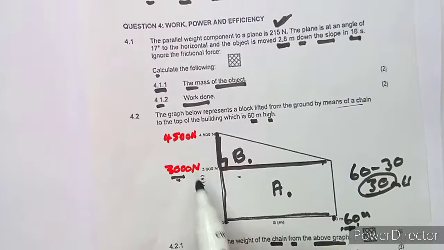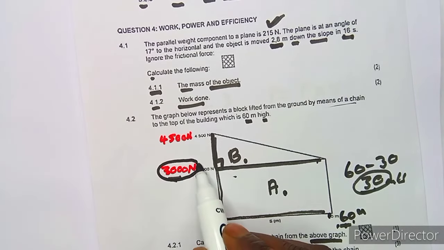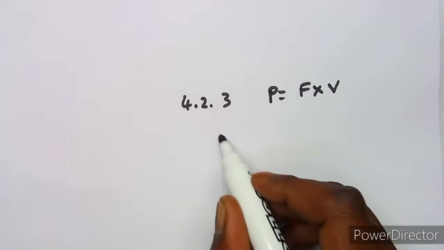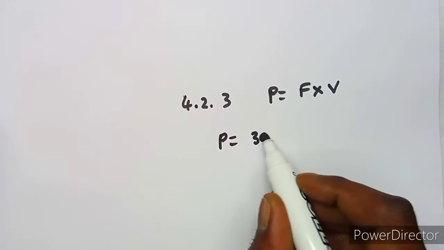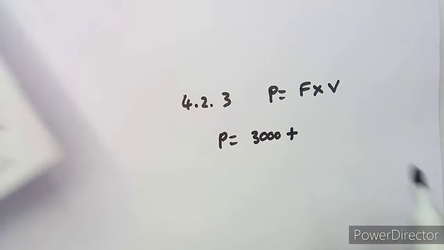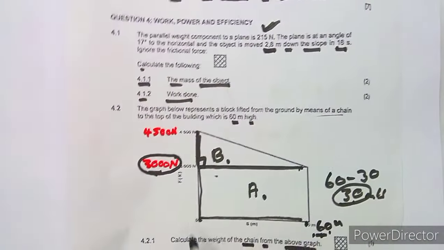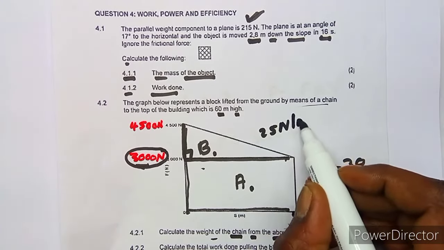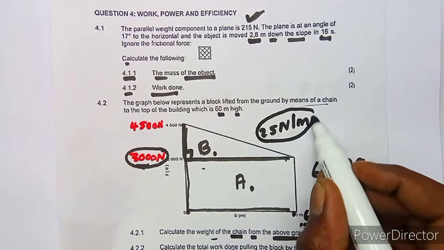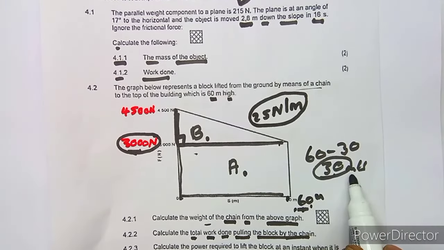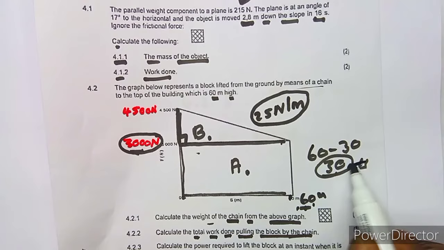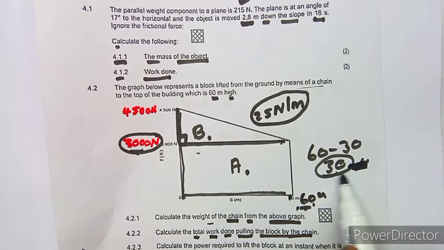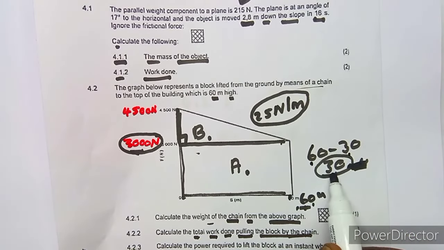So the total force is going to be 3000 plus, now remember we say the weight of the chain is 25 Newton per meter, and we are given now the distance that we are supposed to take. This was 30 meters, not meters per second, so 30 meters, because we said 60 minus 30 gave us 30.